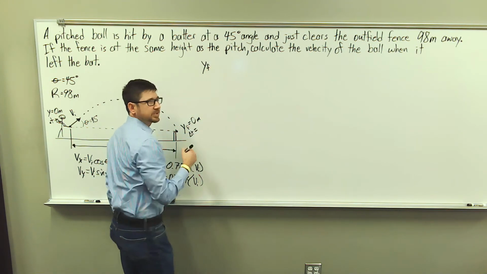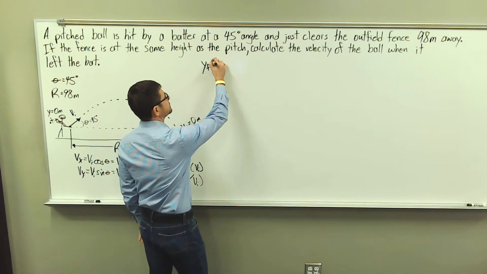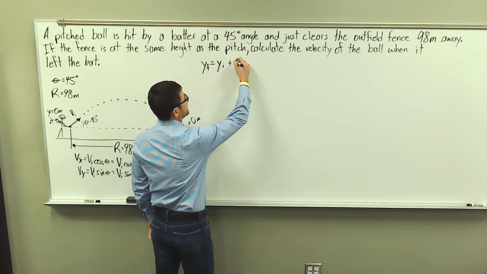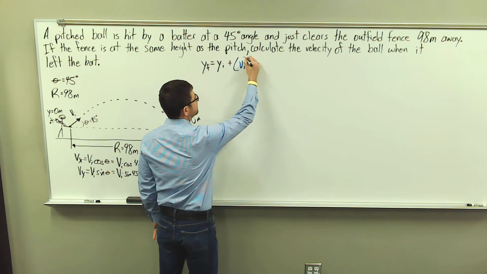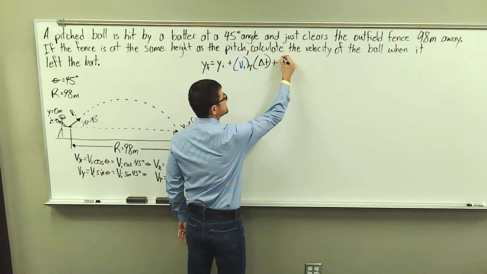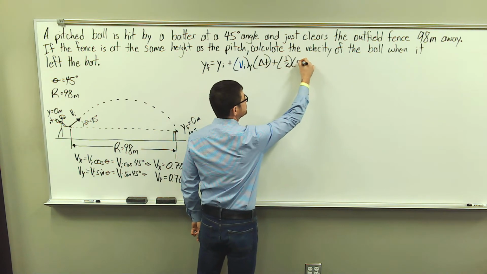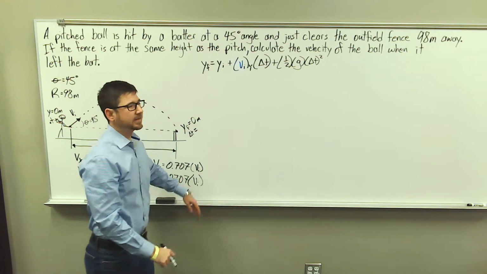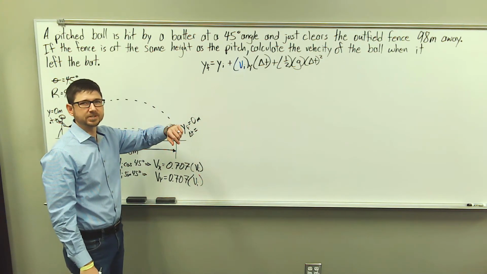All right, next we can use the equation. The final position in the y direction is equal to the initial position in the y direction plus v sub i sub y times delta t plus 1/2 g delta t squared. Now let's take a look at the final position in the y direction.